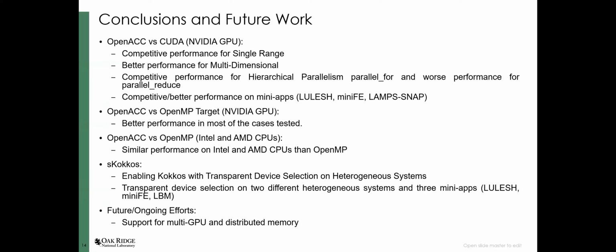It can work well not only on GPUs, but also on CPUs, on Intel and AMD CPUs. Something that I forgot to mention when I was presenting this performance: for the OpenMP backend, I used the vendor compilers, the Intel compiler and the AMD Clang compiler, for this comparison.